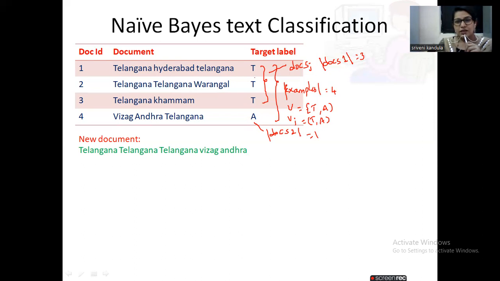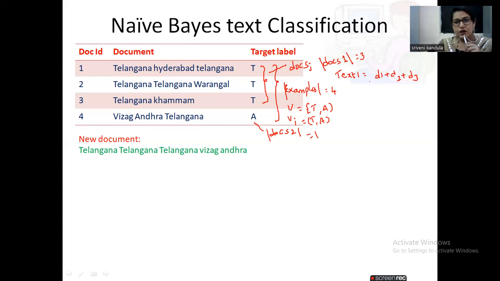Now, whatever documents I have in docs 1, if I concatenate all of them, I will call it text 1. Text 1 is the concatenation of document 1, document 2, and document 3.